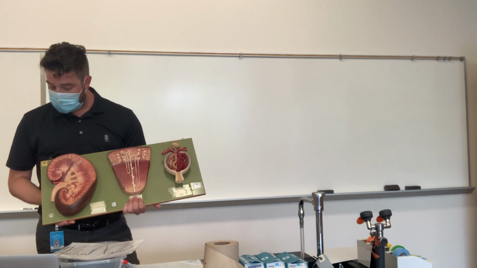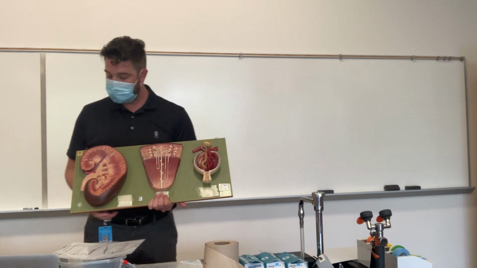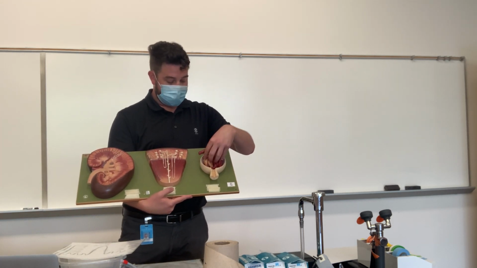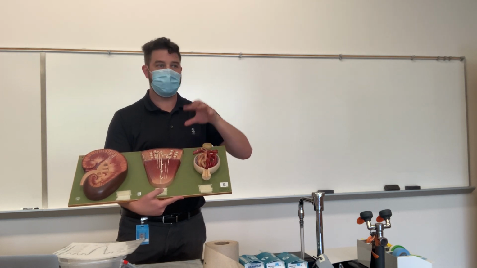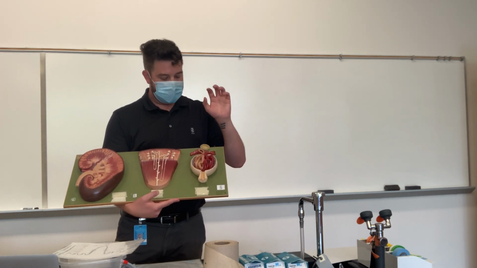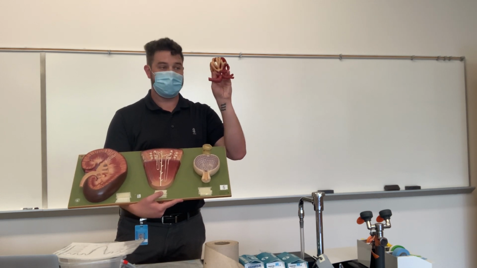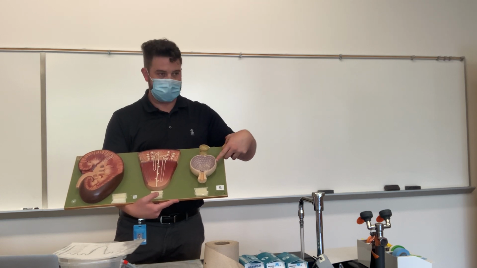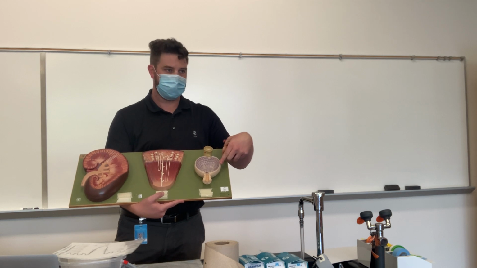Okay, so here's where we start to get a little specific. The renal corpuscle is both the capillaries and the capsule that are being held in. That's your renal corpuscle. The capillaries just themselves are the glomerular capillaries, however you want to say it. The capsule just by itself is the glomerular capsule, or Bowman's capsule.